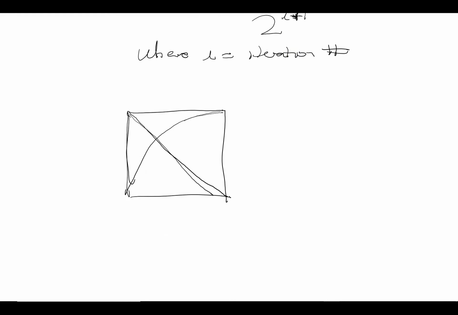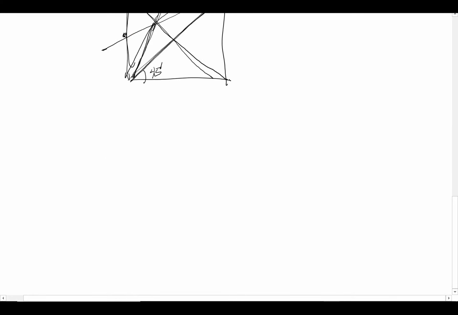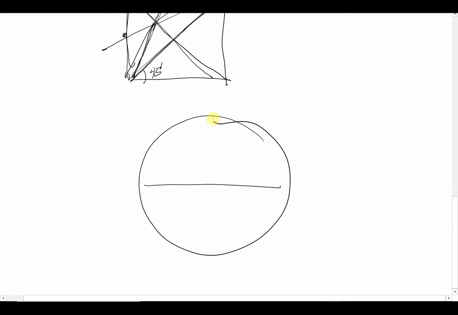So basically, what I did right here is, of course, we have this segment, and we're trying to find this angle, but this angle we know is 45. Well, if we project this logically, because due to symmetry, when you have a circle, you notice a few things.